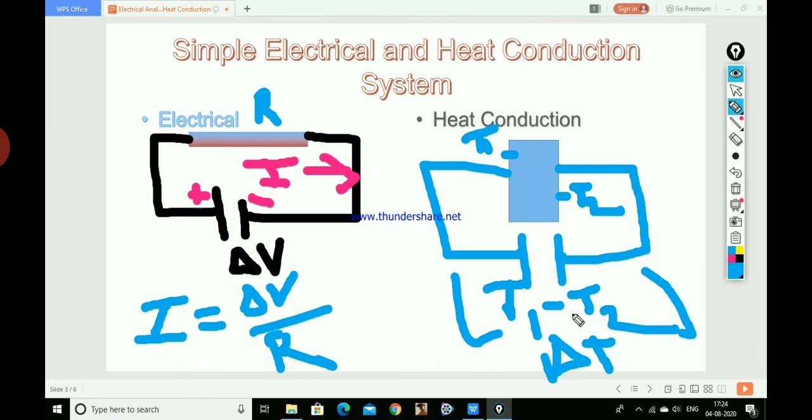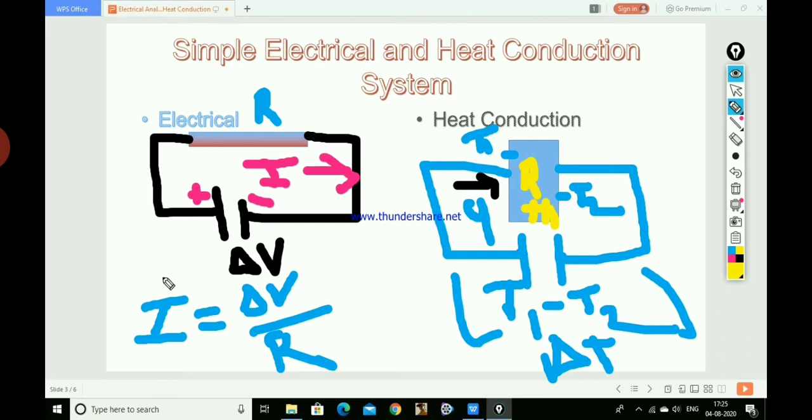Now due to the temperature difference, heat Q is flowing inside the system. In the electric system, due to potential difference, current I is flowing. In the conduction system, due to temperature difference, Q is flowing. So as in the electrical system resistance R is generated, some sort of resistance is generated inside the thermal system. So here also we are having one R. Now this R is known as R_TH, that is R thermal.